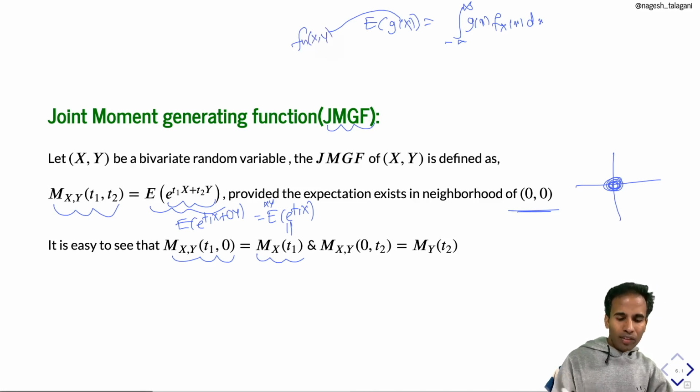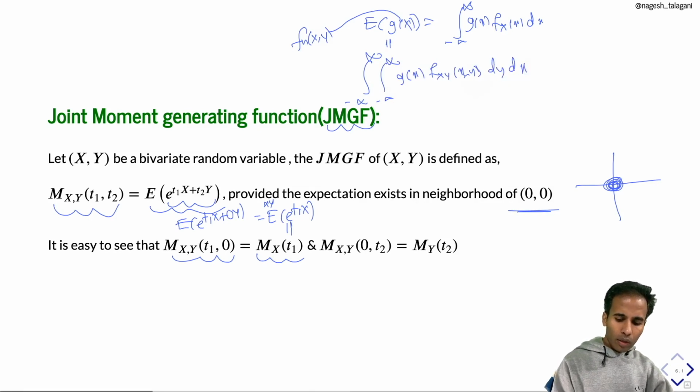So as a function of (X, Y), this expectation of g(X) should be this double integral of g(x) and the joint pdf, dy dx. First we are integrating with respect to y, then x.